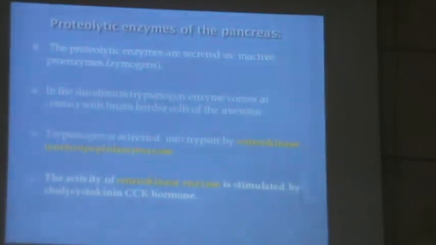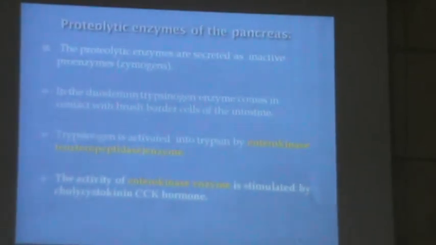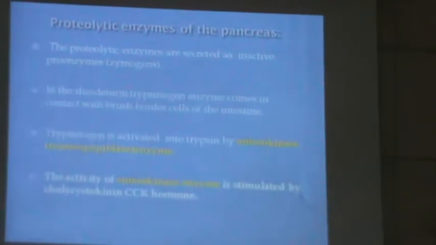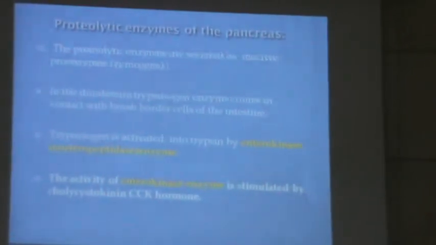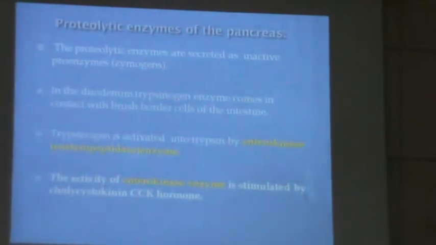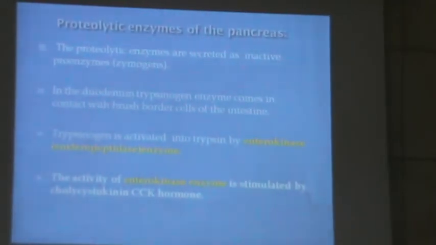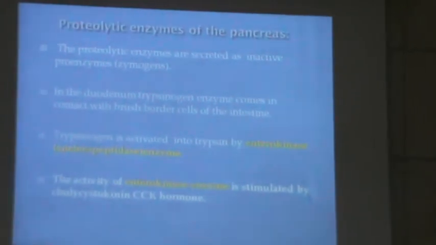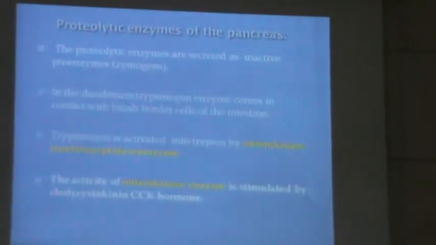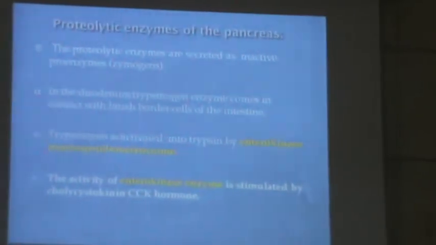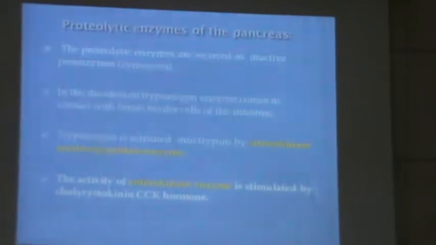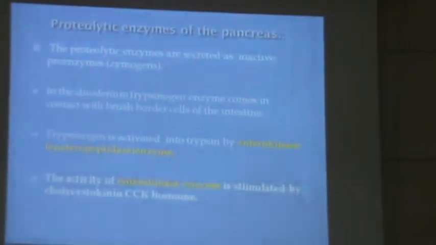So it is very important for the pancreatic enzymes to be synthesized and secreted from the cells as an inactive proenzyme. What happens then is that when the pancreatic inactive enzymes reach the duodenum, they come in contact with the brush border of the intestinal cells.